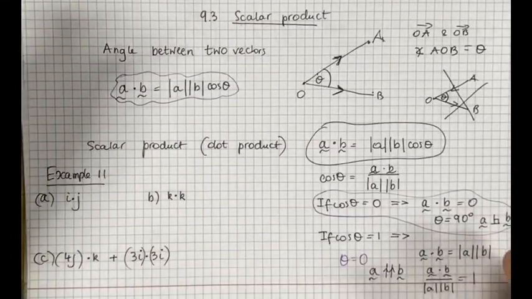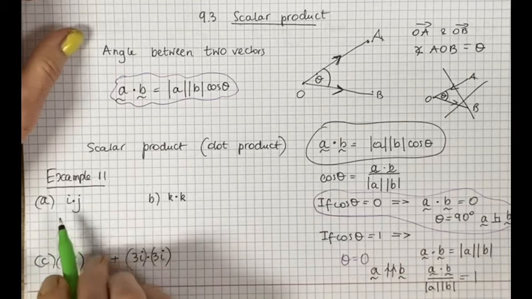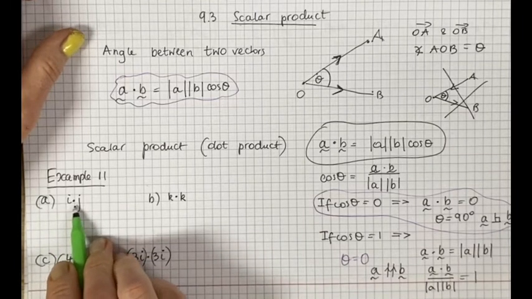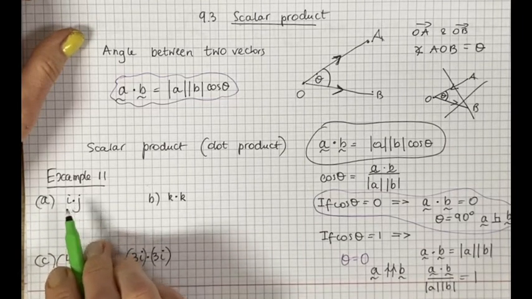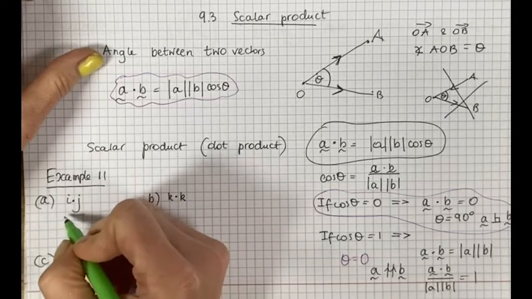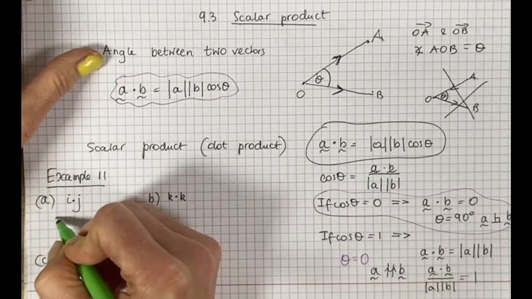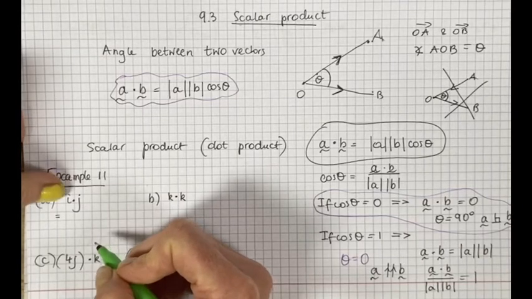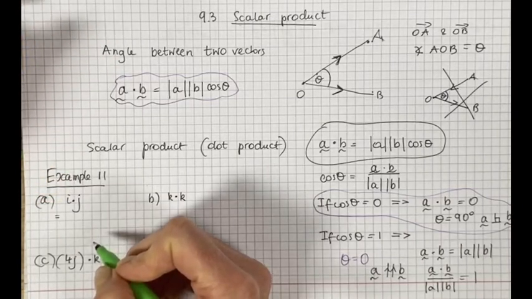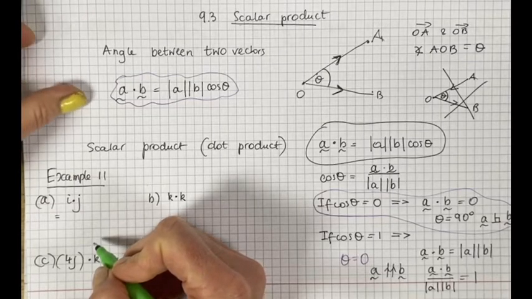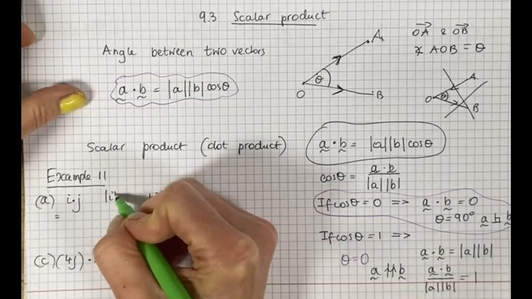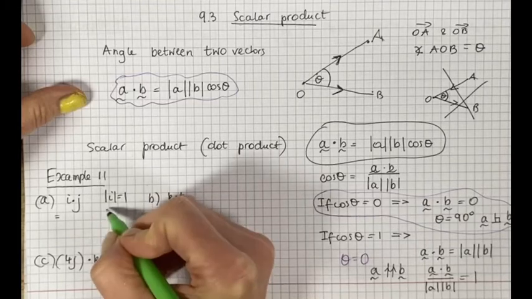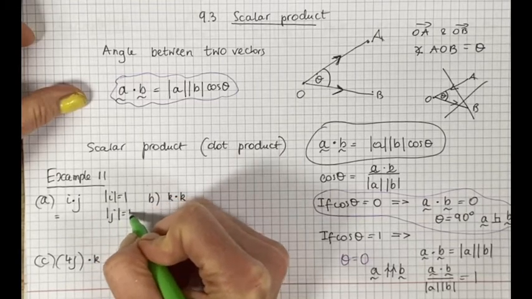Okay, let's go on to example 11. We have to find the dot product between the two unit vectors i and j. So i is the unit vector along the x-axis, j is the unit vector along the y-axis. The modulus of i is 1 and the modulus of j is 1.